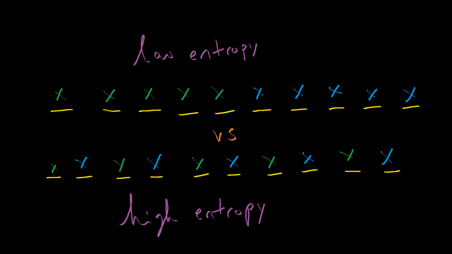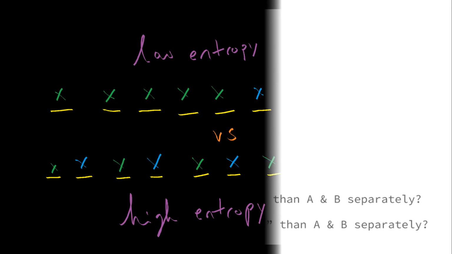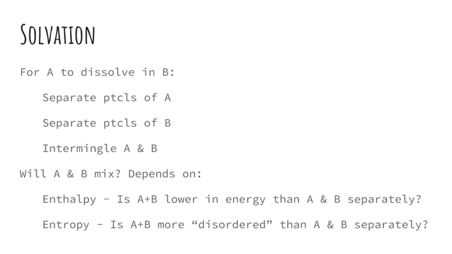So entropy almost always favors mixing. So whether or not two things mix usually comes down to enthalpy. And that's just a matter of how similar, how attracted the particles are to one another.